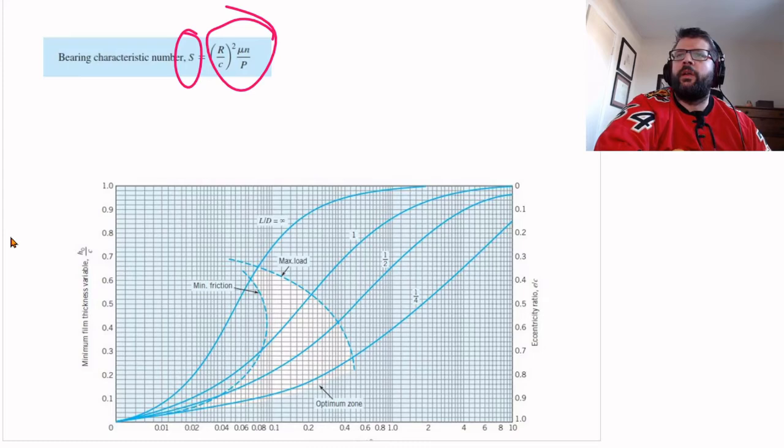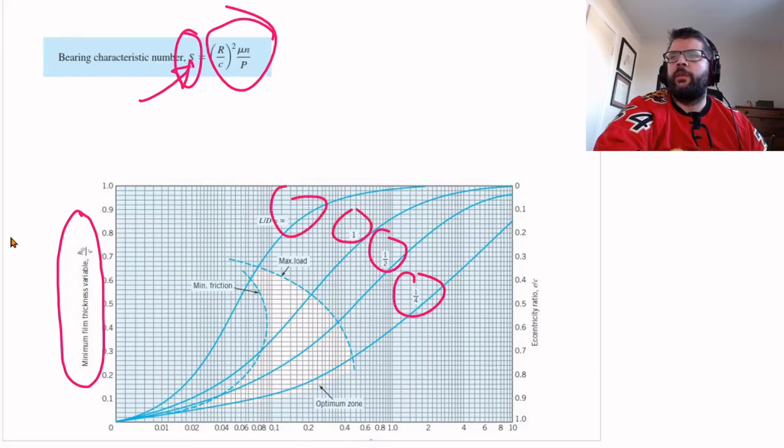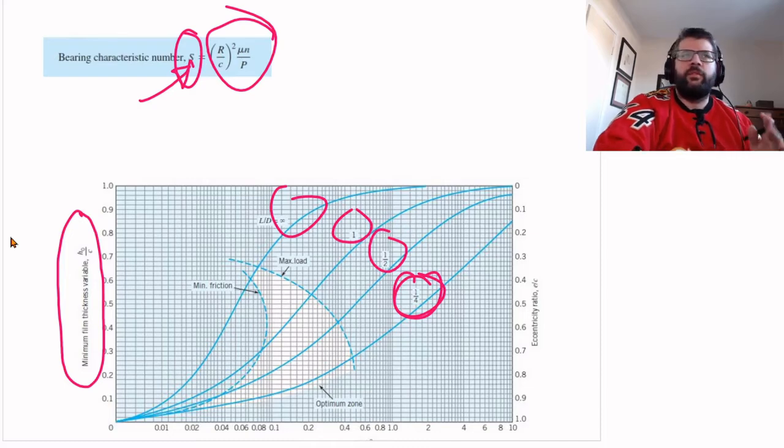Based upon any given bearing characteristic number, we get a minimum film thickness given as h naught divided by C, a ratio of the minimum film thickness for these particular length to diameter ratios. If we're working with 1/4, then we're making the short bearing approximation, not so much here.